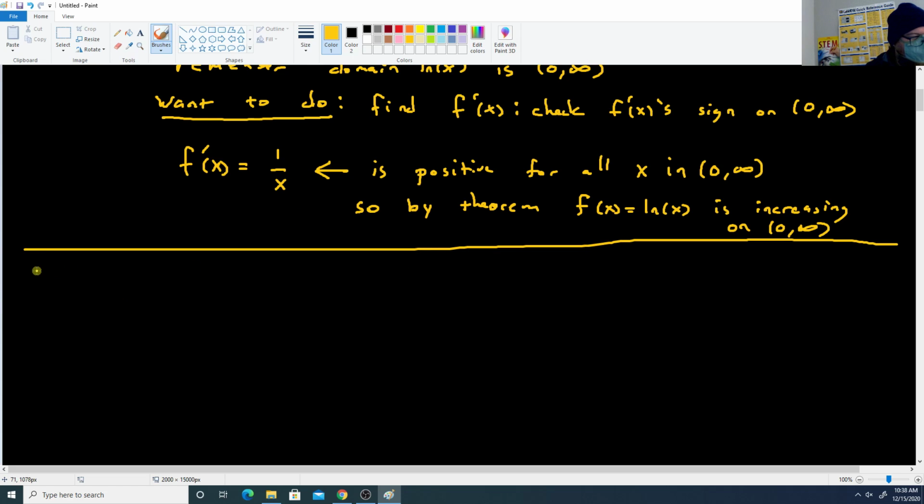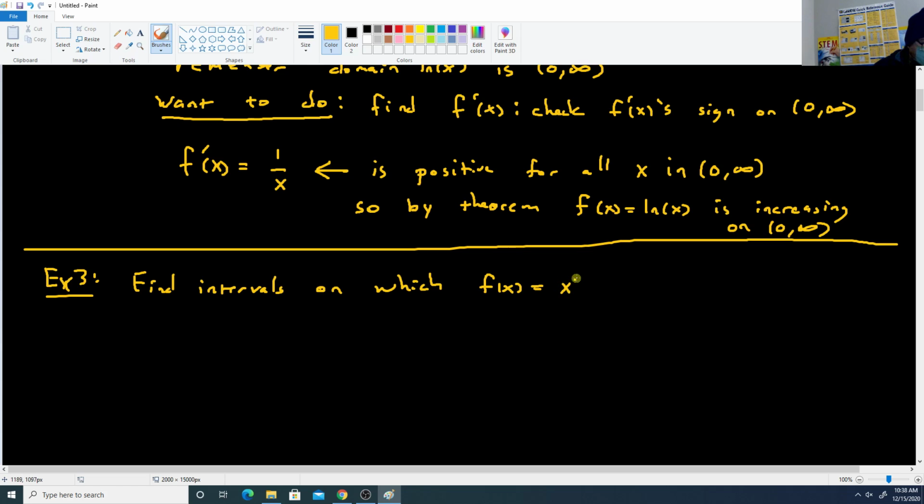So let's look at example 3. Example 3 says find intervals on which f of x equals x squared minus 2x minus 3 is monotonic.